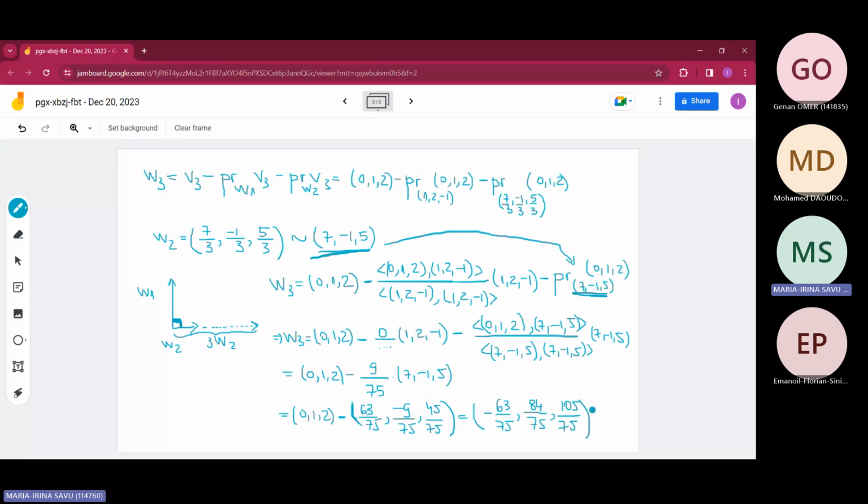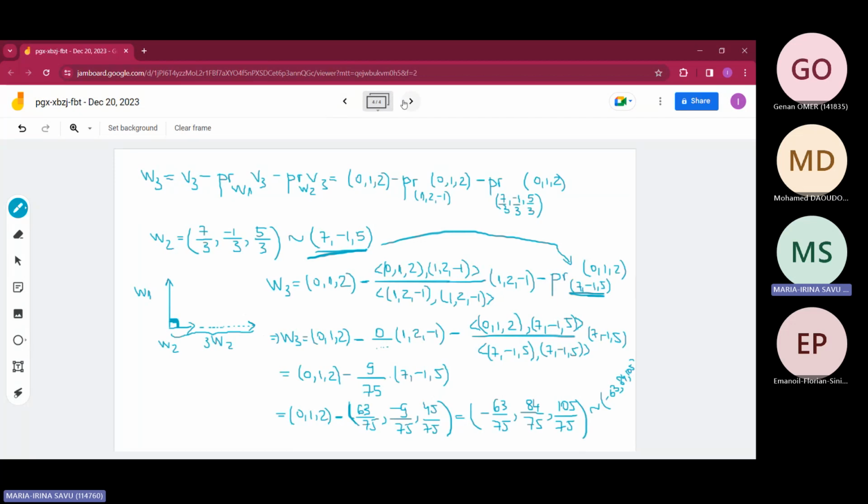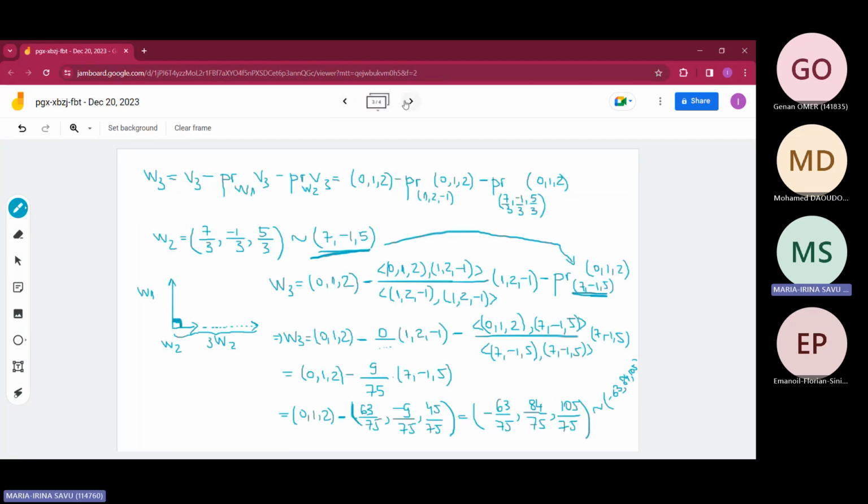But this vector is actually equivalent with 1 over 75 times the vector minus 63, 84, and 105. Let me write it this way: W3 is equivalent with minus 63, 84, 105.